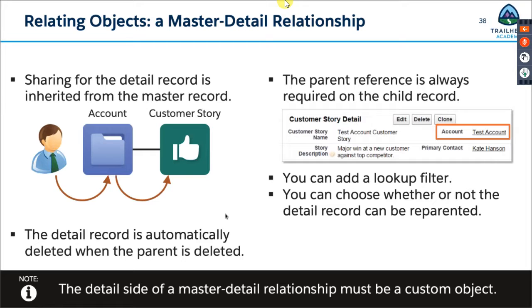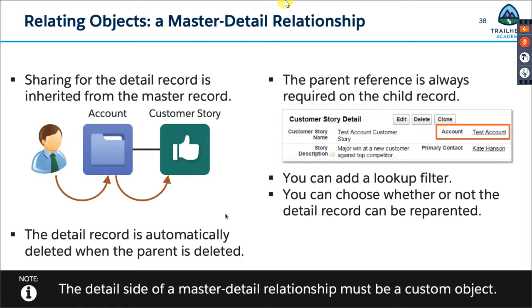In a master detail relationship, the detail loses its ability to control its own record access. The record access to a customer story, if the customer story is the detail in an account customer story master detail relationship, is controlled through the account object or the account record.